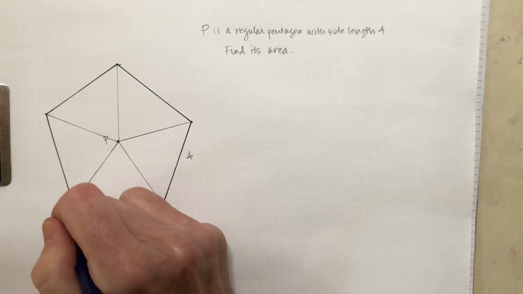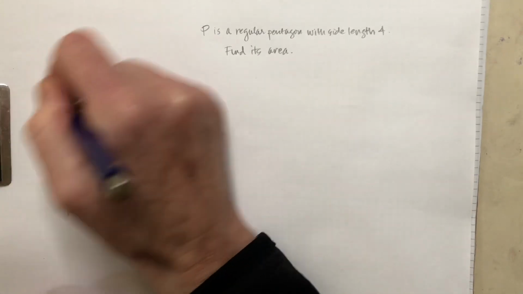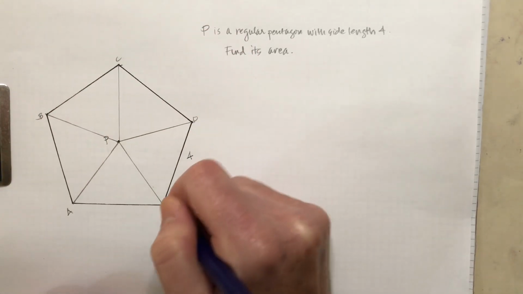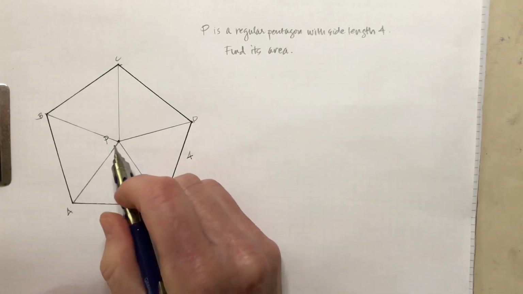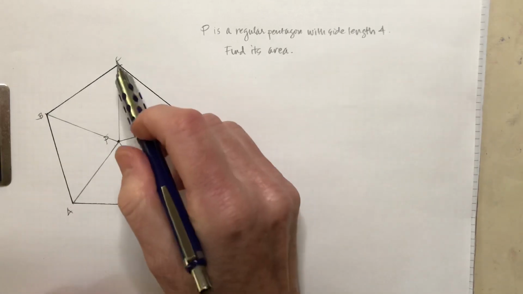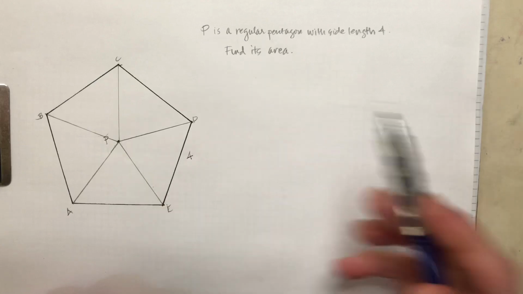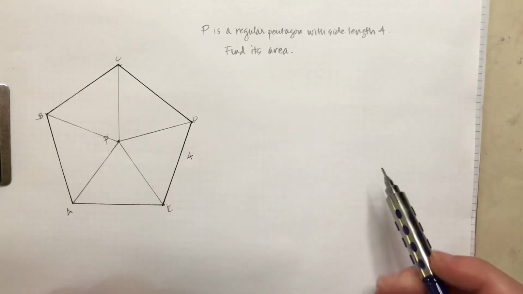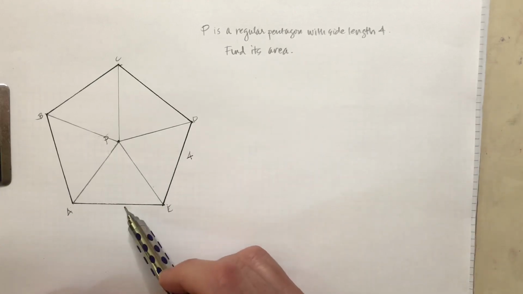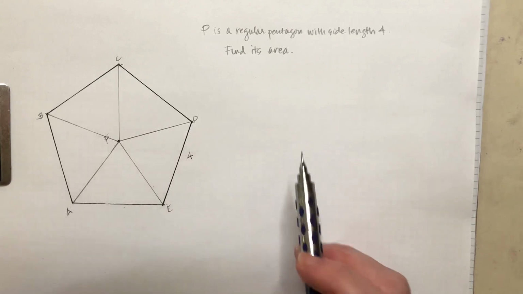If we label this A, B, C, D, E, we know that segment AP is congruent to BP, to CP, to DP, to EP. All of them are congruent. By side congruency, all the triangles are congruent.